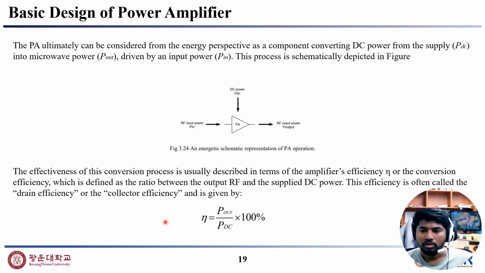The effectiveness of this conversion process is usually described in terms of efficiency, which is defined as the ratio between the RF output power and the supplied DC power, which is eta equals P_out divided by P_DC times 100%.